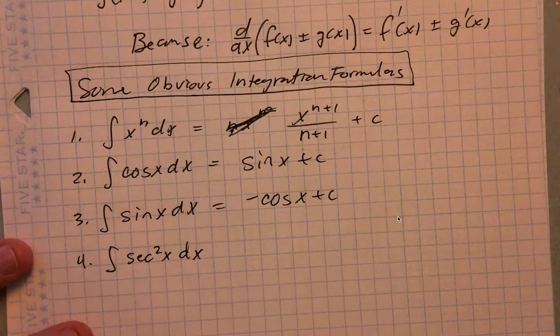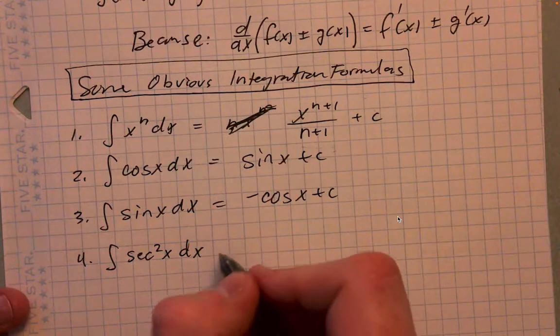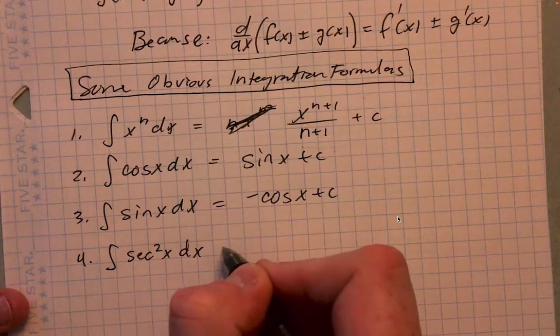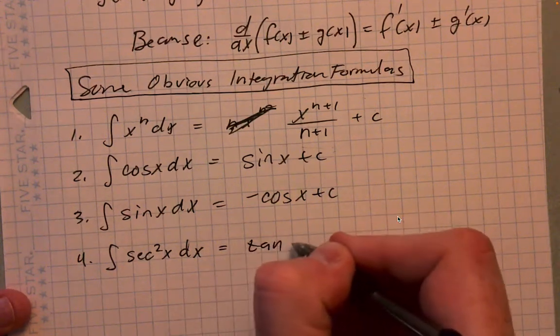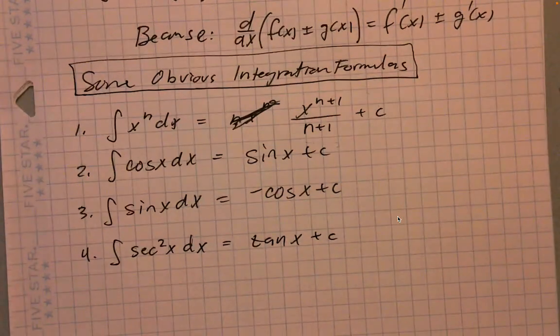You might say, well, what's the integral of secant? We're not ready for that one because there's not an obvious differentiation formula for it. So the integral of secant squared x dx is equal to the tangent of x plus the constant of integration.